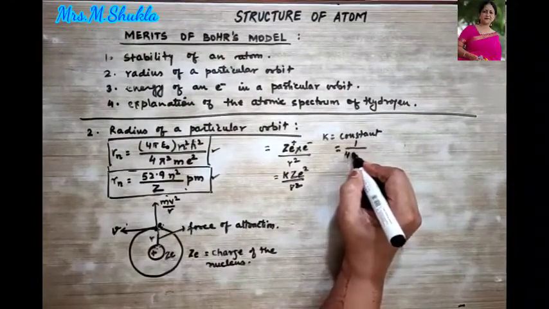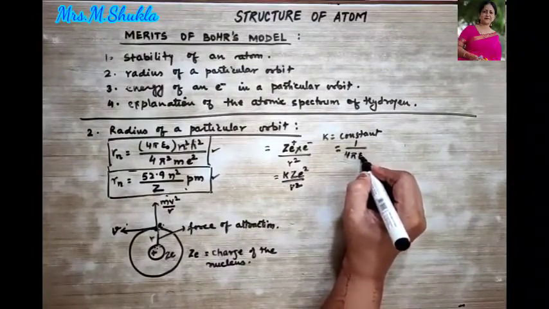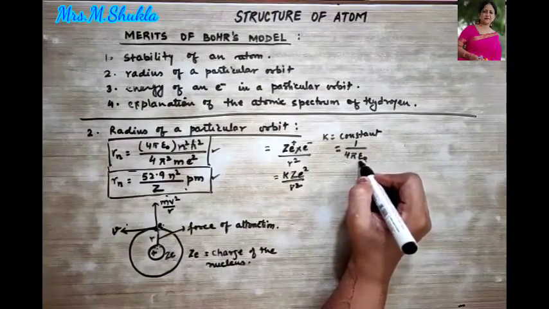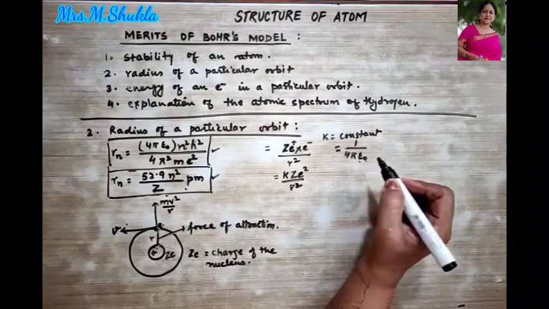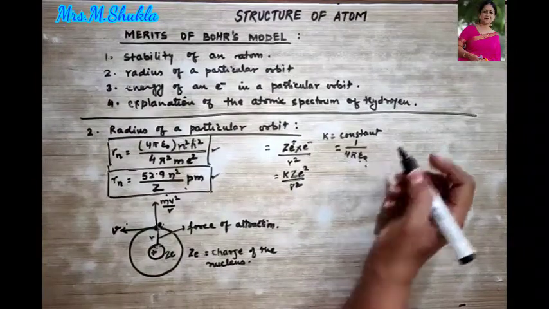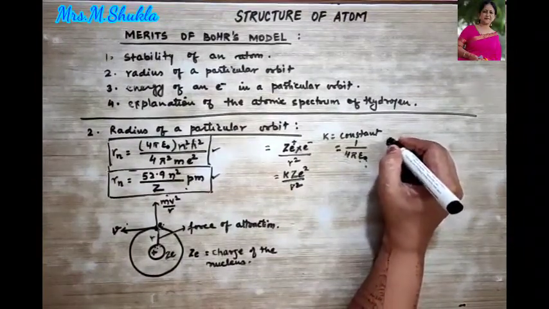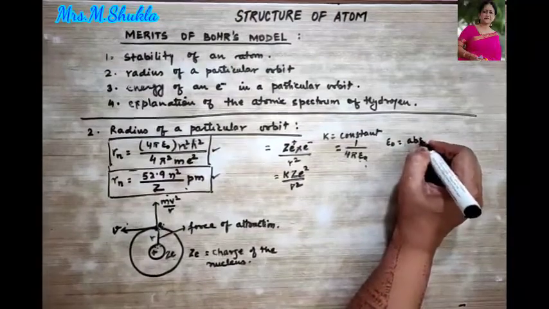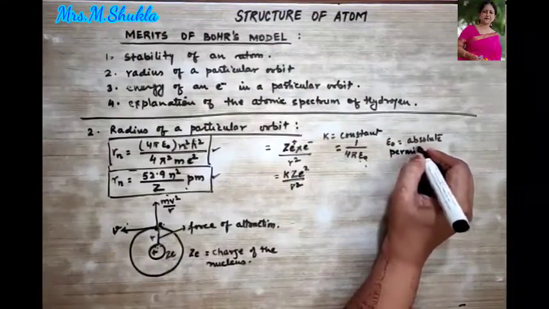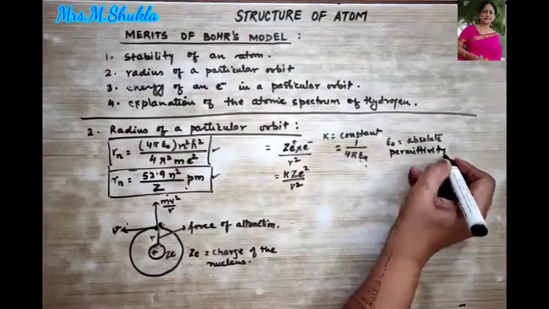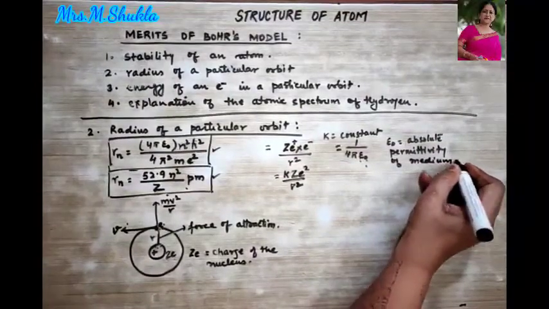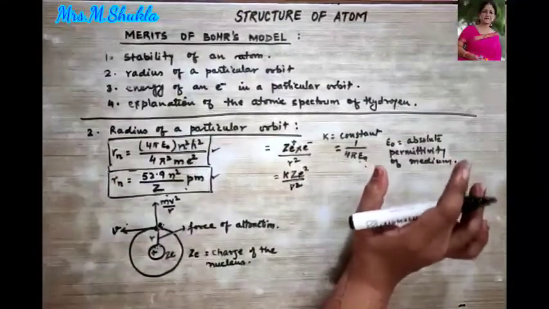Epsilon naught is also called the absolute permittivity of the medium. I am writing it down over here.